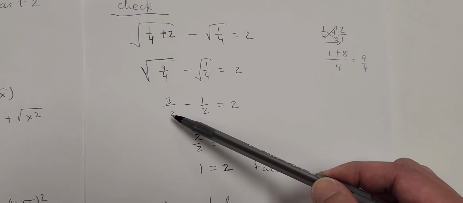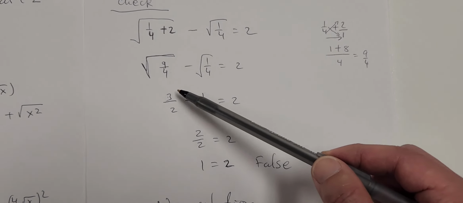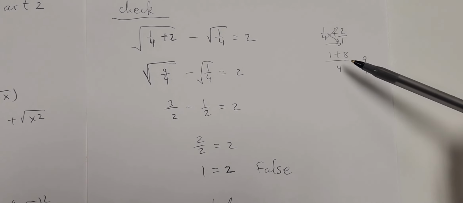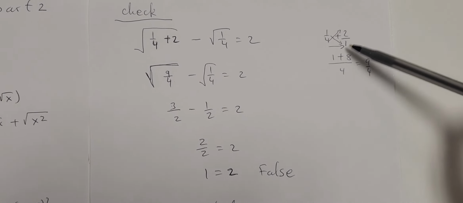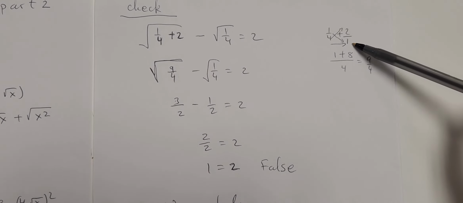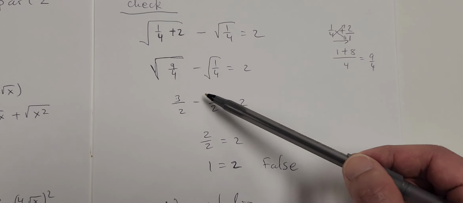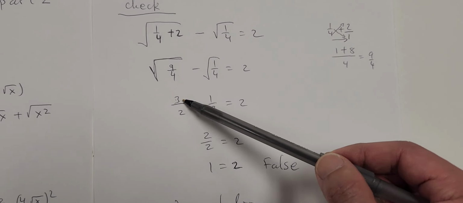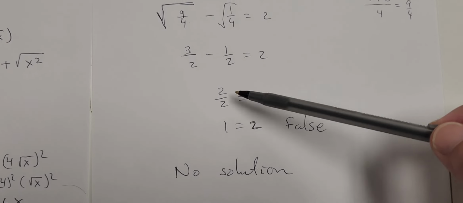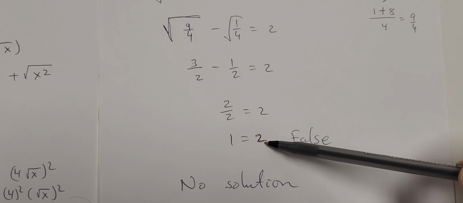If the denominators are the same, then just add the top or subtract the top. So 3 subtract 1 gives me this 2. We can still reduce this, so 2 over 2 is 1. I brought the 2 straight down.